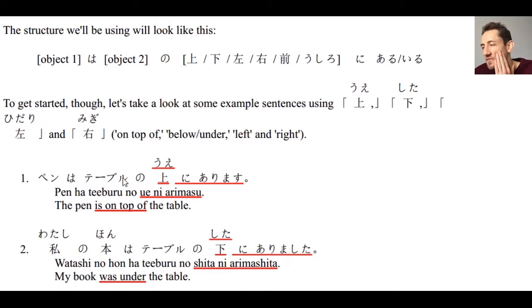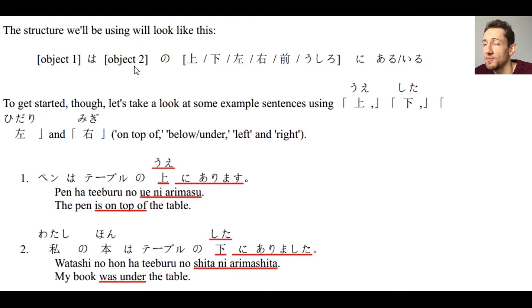But anyway, now we're going to look at some example sentences, and we're going to use this structure up here. In the first one, I'll explain it, and then it'll be really easy to understand. Number one, pen wa teiburu no ue ni arimasu. So the pen is on top of the table. So pen is our object one. Then we have wa and teiburu. Teiburu is the second object.